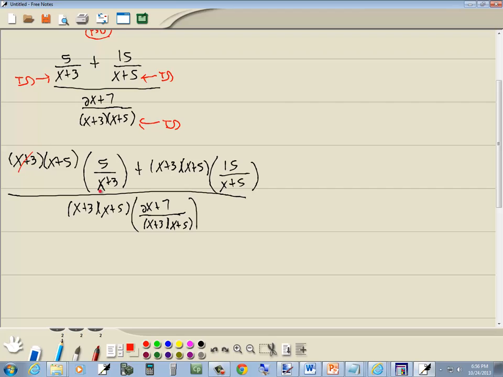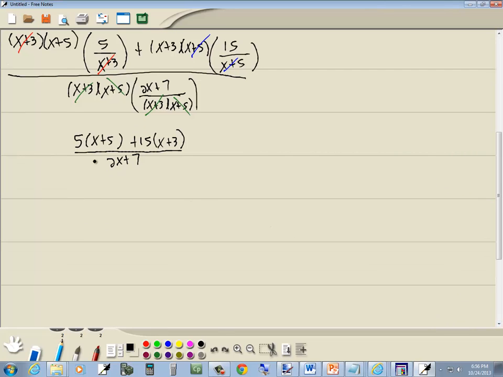Well, this x plus 3 cancels this x plus 3. This x plus 5 cancels that x plus 5. This x plus 3 cancels that x plus 3. And this x plus 5 cancels that x plus 5. Now notice all of our inner denominators have disappeared. So now we're left with 5 times x plus 5 plus 15 times x plus 3, all over 2x plus 7.